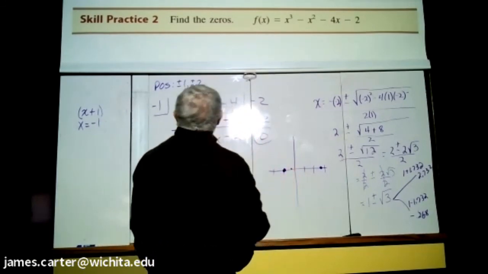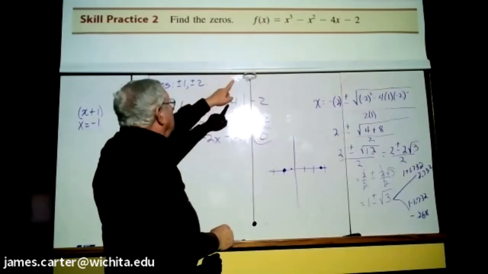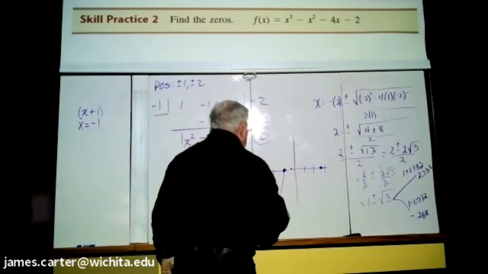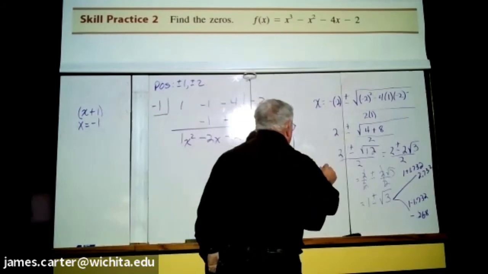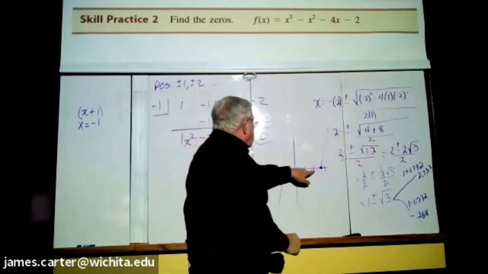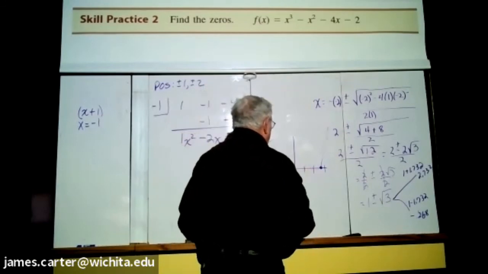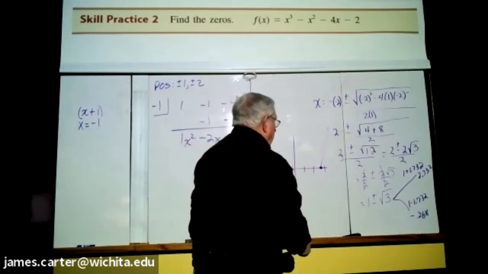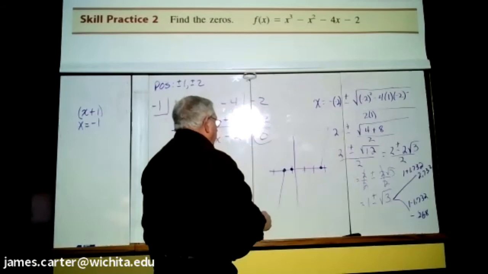Okay, the original equation is a cubic with a positive first sign. So we know that this has got to go like this, and that's got to go like that. And both of these 2 points, okay, this point right here has to be a crossing point because there's only one of them.